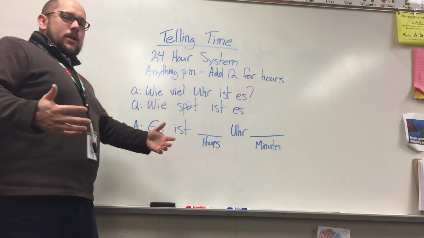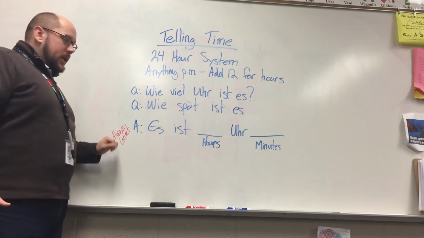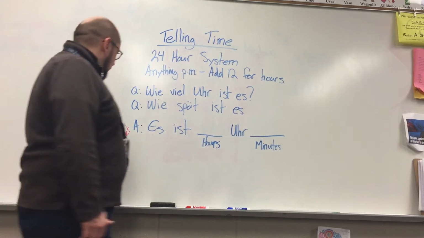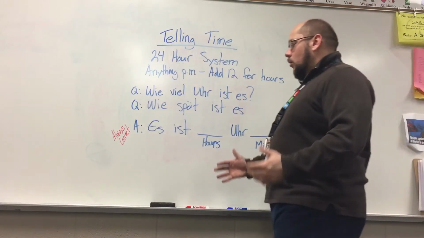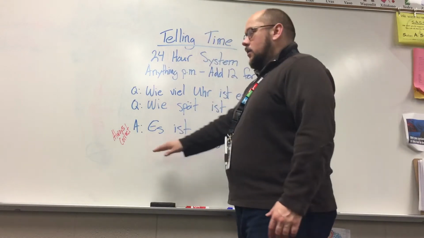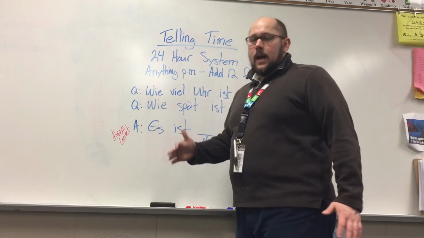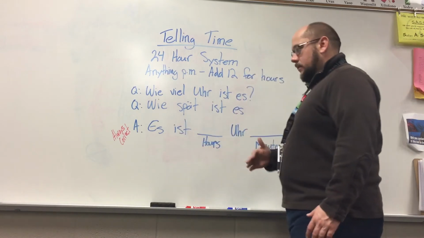Okay, an answer that you can give. This one will always be correct, as long as you use it the right way, spell things correctly, put it in the right order. So if there's only one way you know how to tell time, make it this way, because this one is always correct.